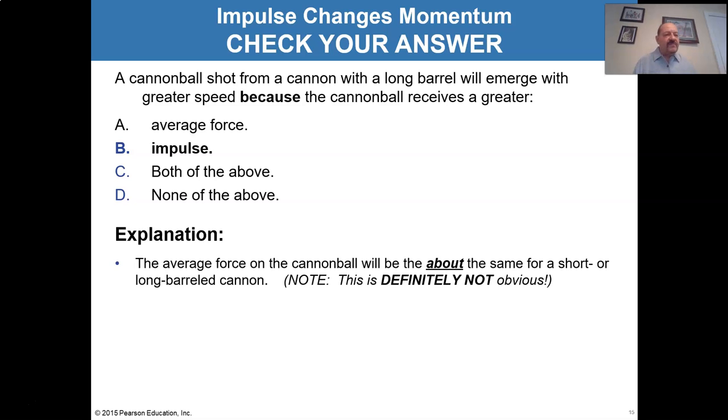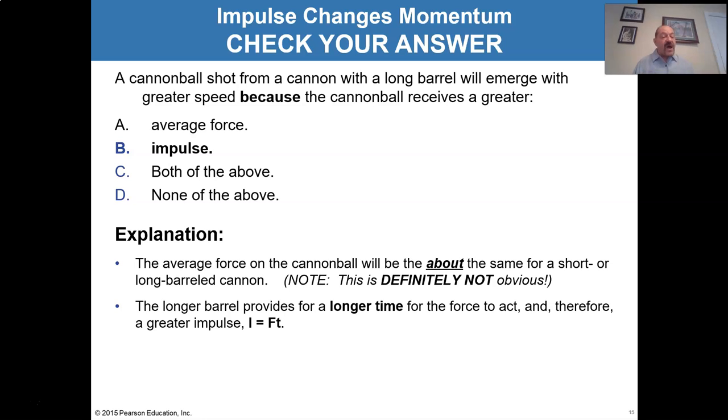The concept that we haven't covered here is that we're making an assumption. We're assuming that the force all along the barrel of the cannon in this case is the same force the whole way, as long as the ball is in the cannon, the bullet in the gun. It's being given the same force, and the longer the barrel, the more time there is for that force to be imparted, the more impulse can be given to the object, the greater the change in momentum.